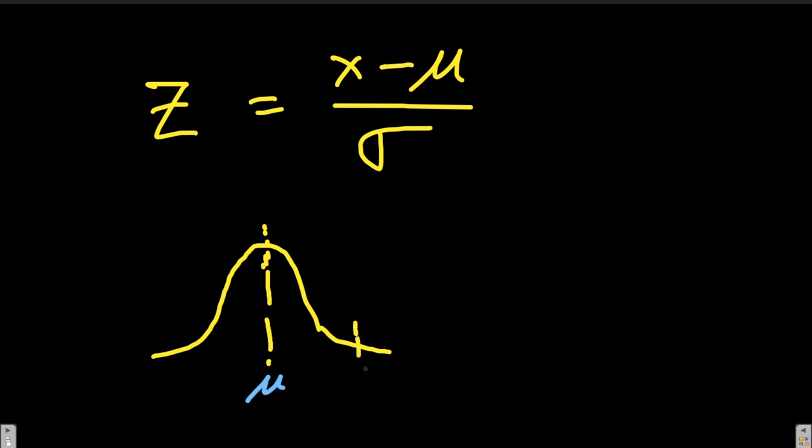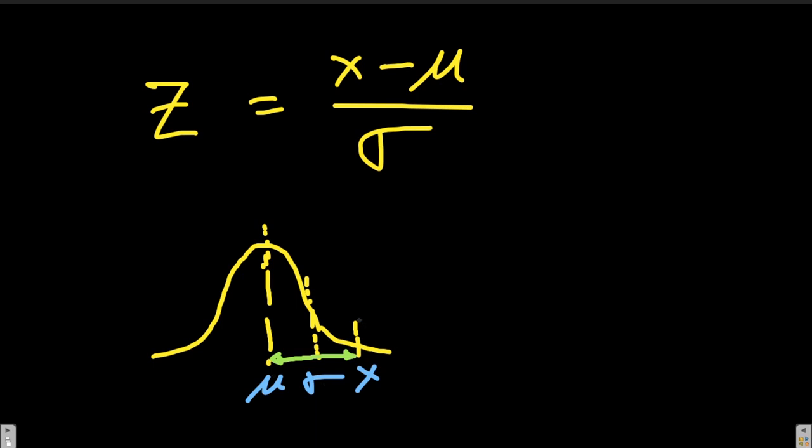And I have a sigma, let's say, here. Now, when I subtract mu from x, what I get is this difference.